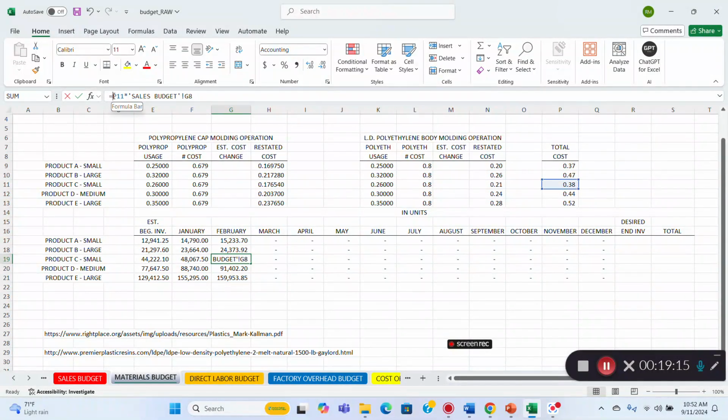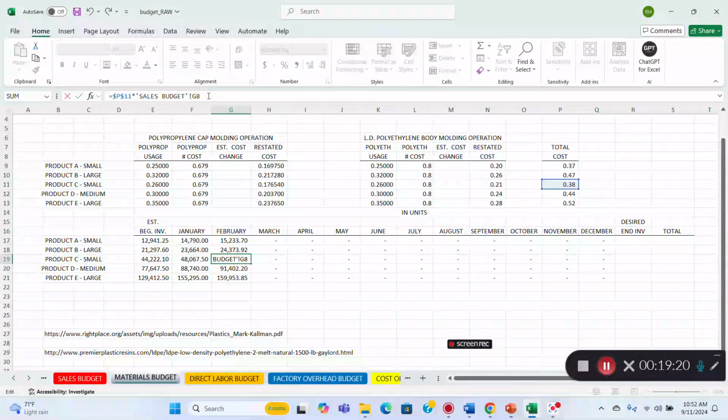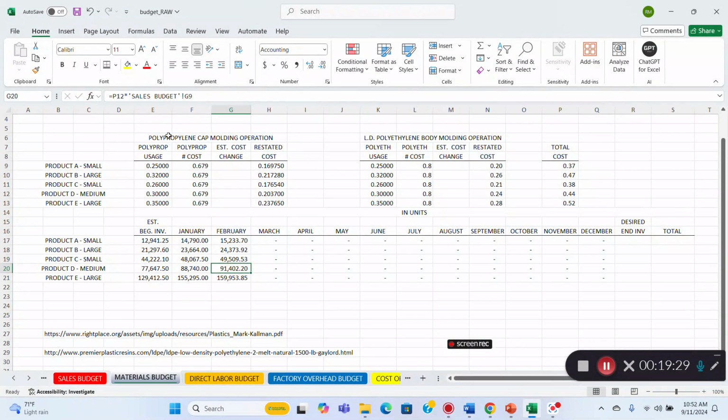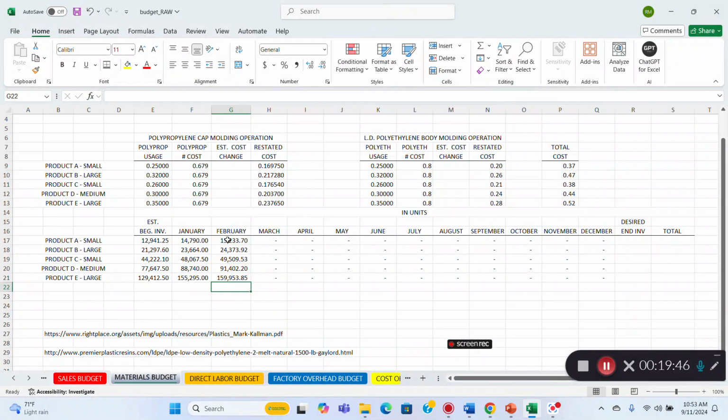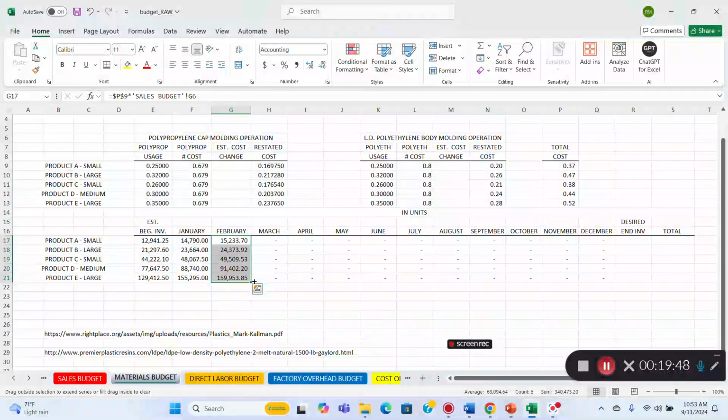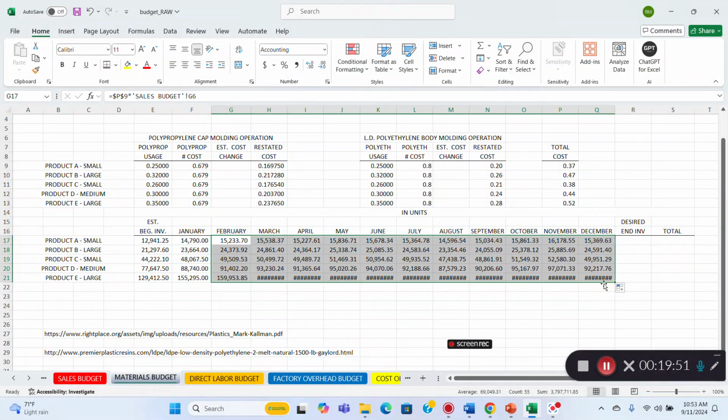And then P11, I just need to make that into an absolute. So every time I'm doing product C small, I'm using this 38 cents over here. And the same thing with the rest of them. And last but not least, here's P13. F4 that, and enter. And now I should be able to drag this all the way across.